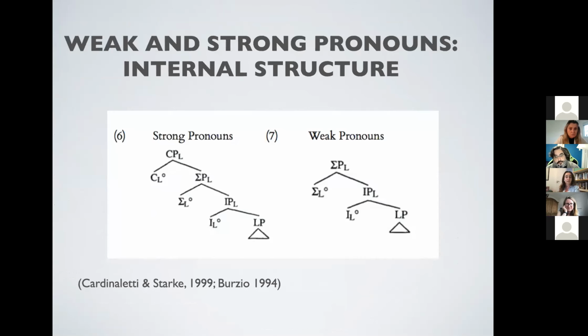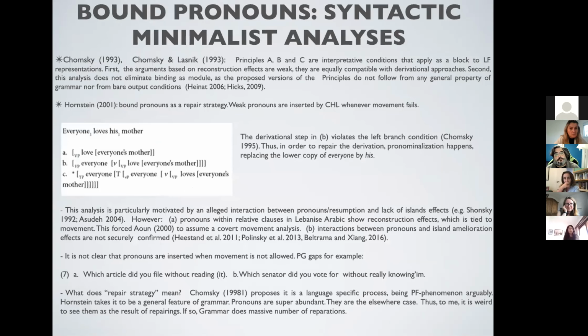Now, within syntax, we know that strong pronouns and weak pronouns probably have a different internal structure. Cardinaletti and Starke, for example, in 94, propose that weak pronouns have less internal structure than strong pronouns. Within the minimalist program, we're trying to account for binding in different ways.